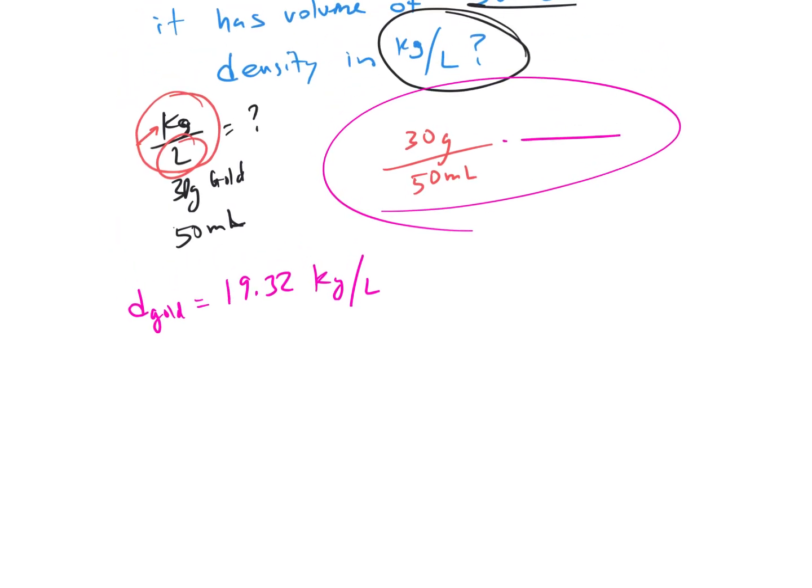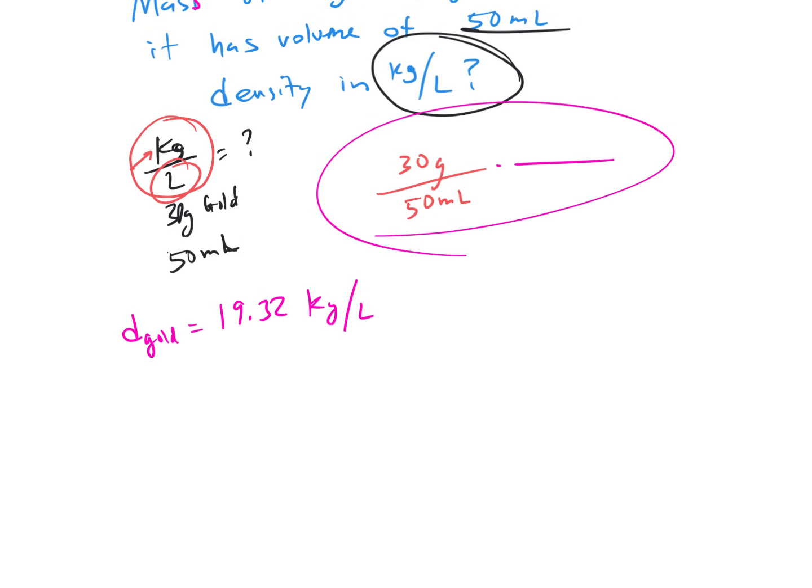Let's start with one of these. Which one should I start with? Grams or milliliters? Grams, because kilograms is on top, right? Let's start with 30 grams. Do I want grams in my answer? No, so it goes on bottom. And I know grams to what? Kilograms. 1 kilogram is the same as 1,000 grams.